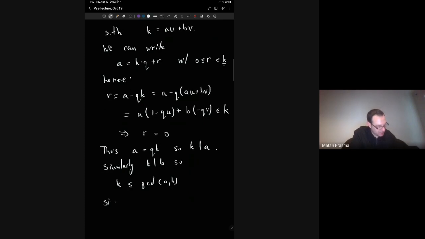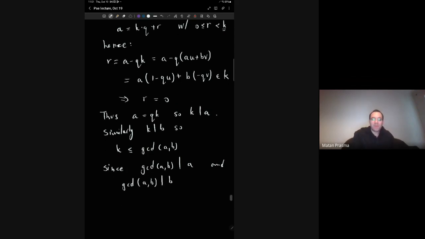Now since the GCD of A and B must divide A and must divide B, and k is equal to some AU plus BV, I get that the GCD of A and B must divide k, right?